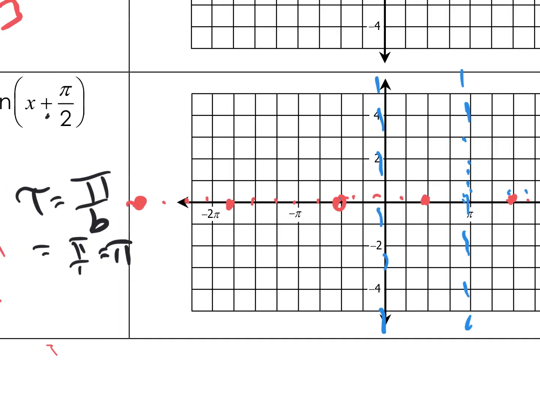Go to the dot, count left 2, 1, 2. That's an asymptote. Go to this dot, count 2, 1, 2. There's that asymptote. You will notice that every asymptote is 4 units apart because that adds up to pi. Every dot is 4 units apart.